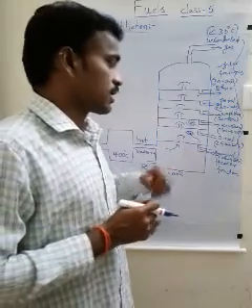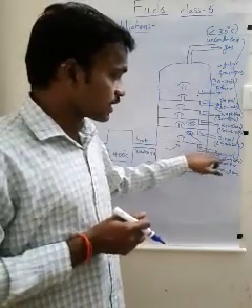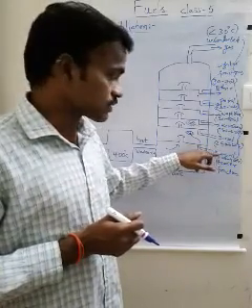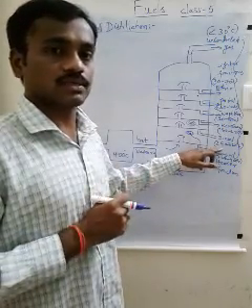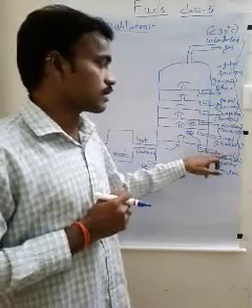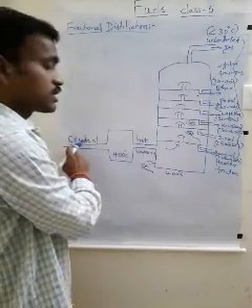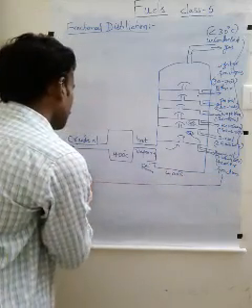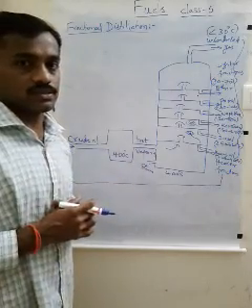Next one, heavy oil. Here the heavy oil means it is heavier hydrocarbon fraction. Heavier hydrocarbon fraction possesses very high boiling point and low combustion properties. So this heavy oil is again subjected to fractional distillation process to get various useful fractions.